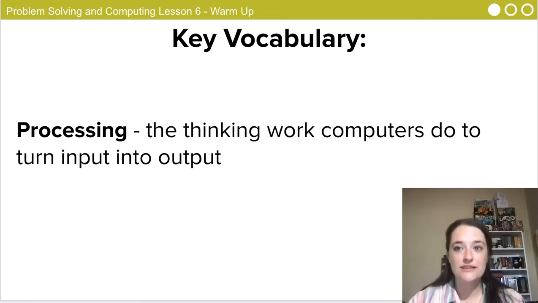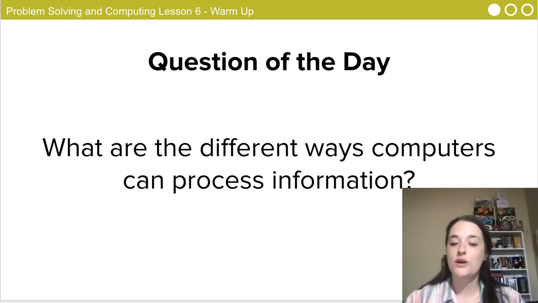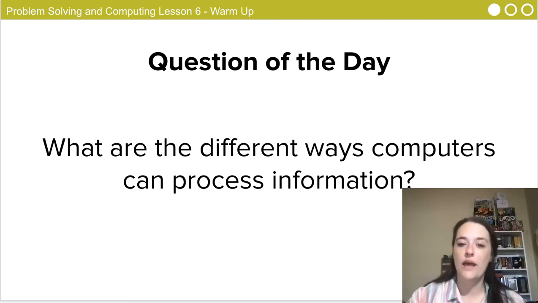And we're going to look at some different types of processing today. So our key vocabulary for today, processing: the thinking work computers do to turn input into output. And our question for today is, what are the different ways computers can process information? So, we've already seen two different types of processing in the birthday app.